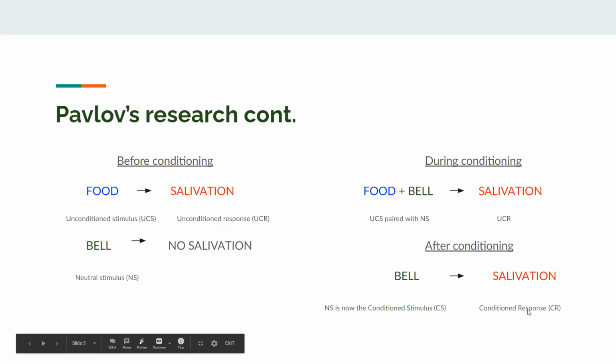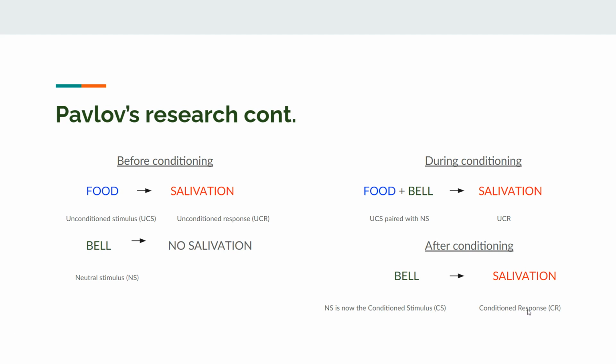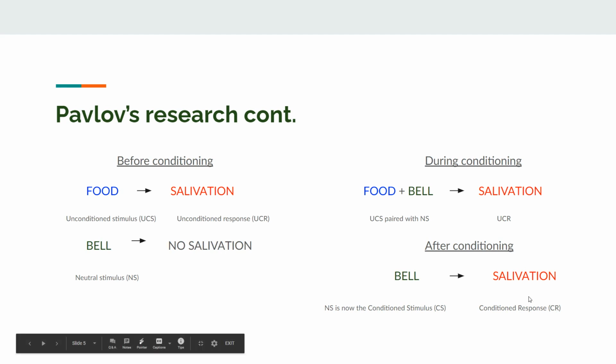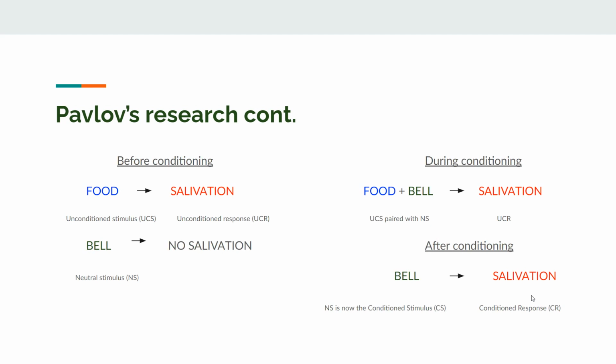It's no longer unconditioned because the dog has had to learn. It's had to learn through association to respond in this way. So the bell becomes the conditioned stimulus rather than the neutral stimulus. And as you would have seen in the video, after pairing has taken place enough, the bell will ring and the dog will salivate as a response, and that's the learned behaviour that's taken place.